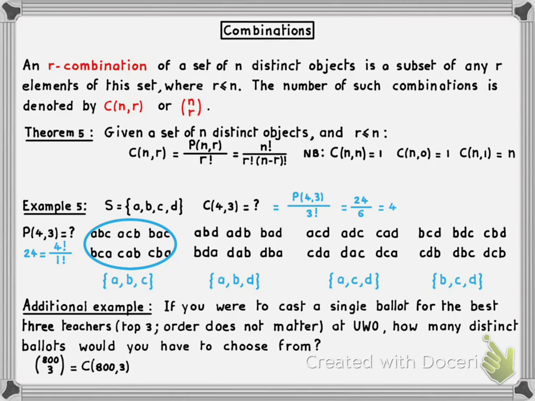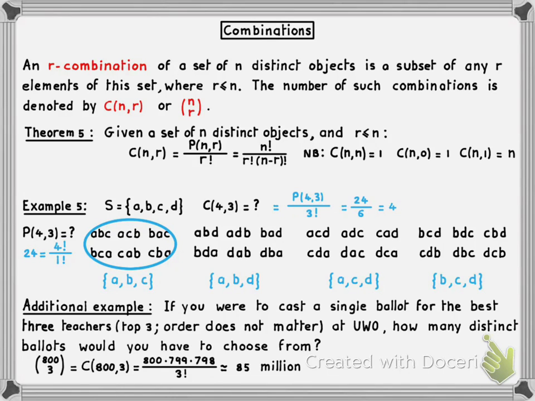Now, using theorem 5, we can compute factorial 800 divided by factorial 797. That gives us 800 times 799 times 798. And let's not forget to divide by r factorial, which in this case is 3 factorial, or 6. And the final result is approximately $85 million for this example.